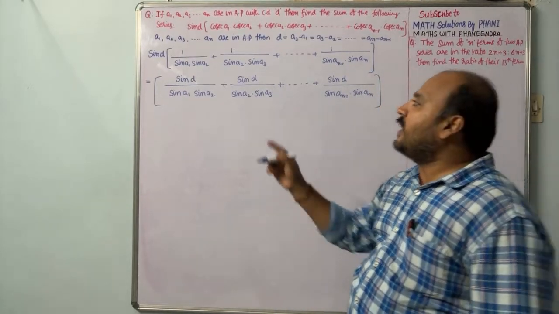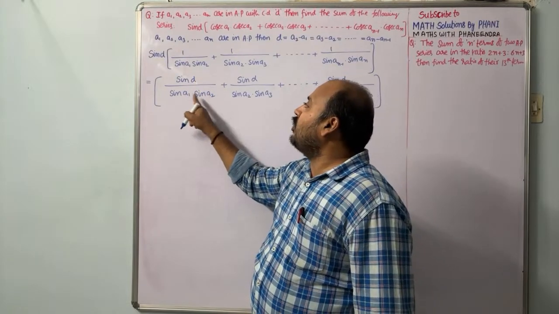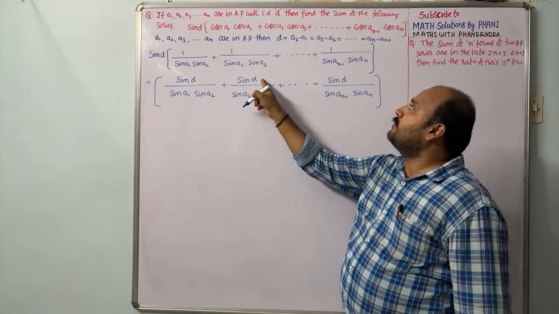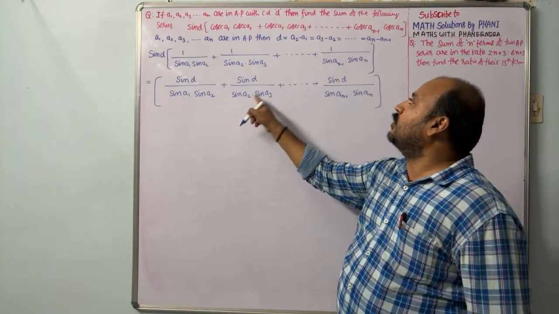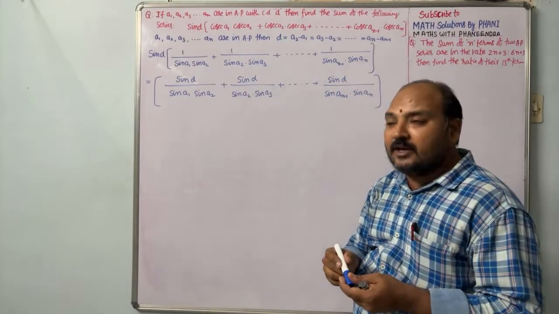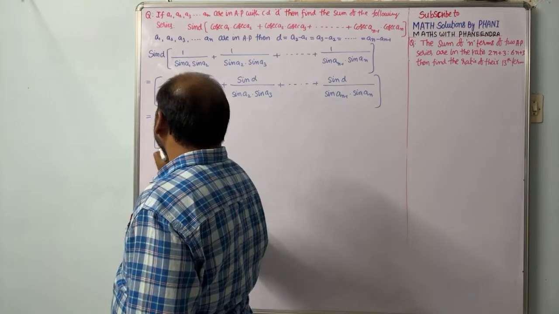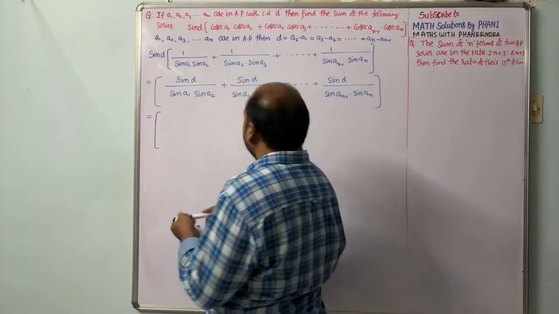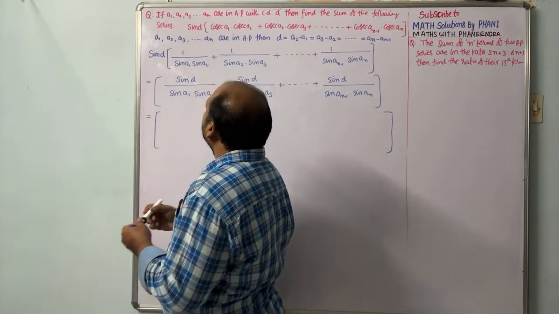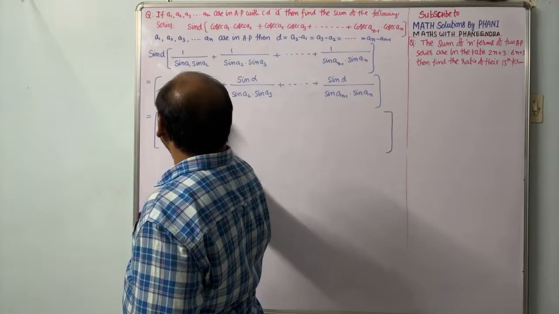Now in place of sin D in the first term, the D value A2 minus A1 you have to write. In the second sin D place A3 minus A2, and in the last one An minus A(n-1). You have to go this way. So which is equal to sin D means what?